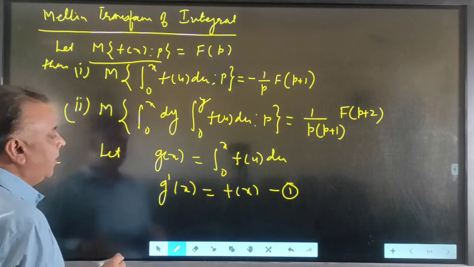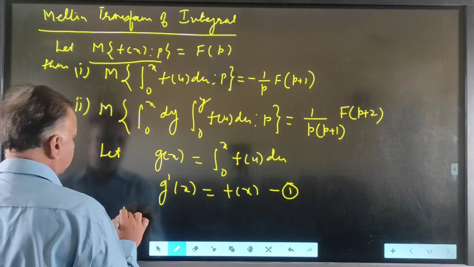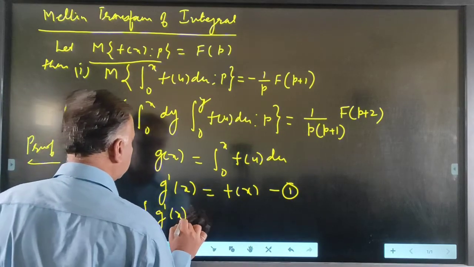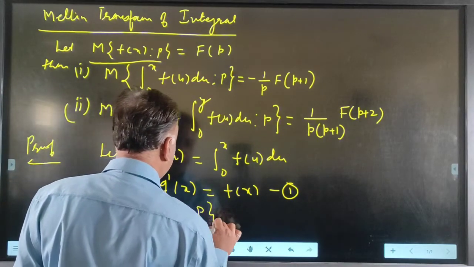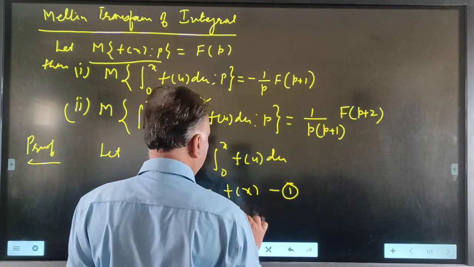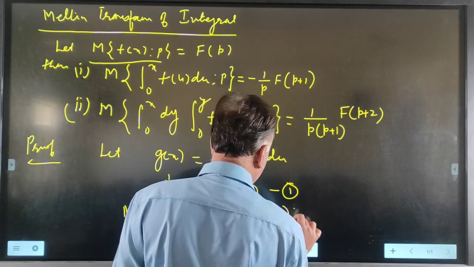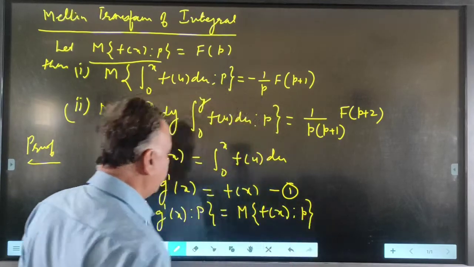Now taking the Mellin transform, the Mellin transform of g dash x with respect to p is equal to the Mellin transform of f(x) with respect to p.